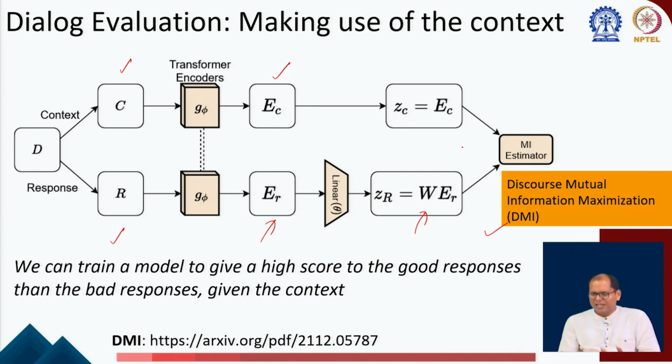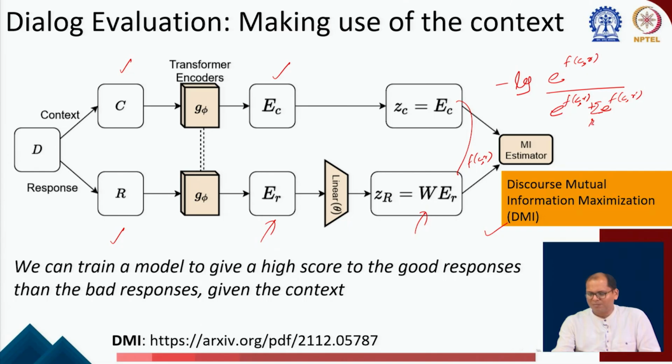And then the loss can be simply minus log e to the power f(C,R), where I call it f of C and R, the function between C and R, divided by e^f(C,R) plus the sum of e^f(C,R'), where R' are negative samples, right.